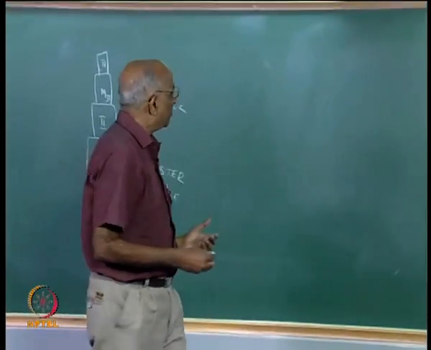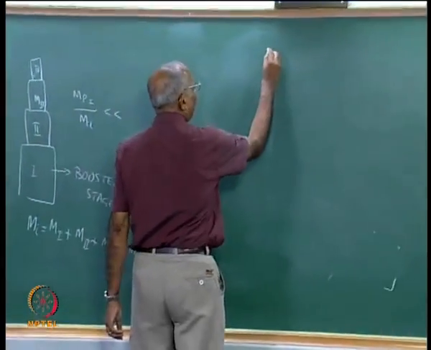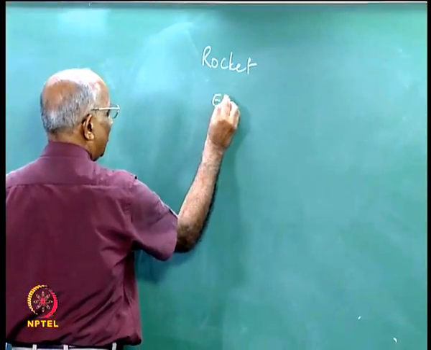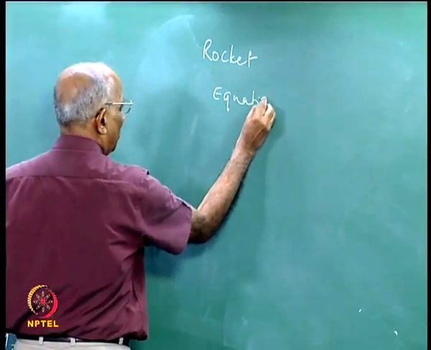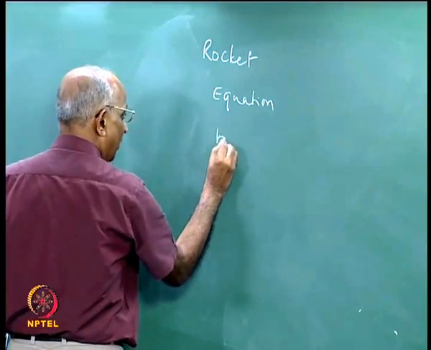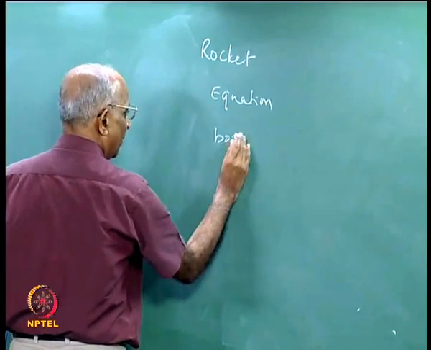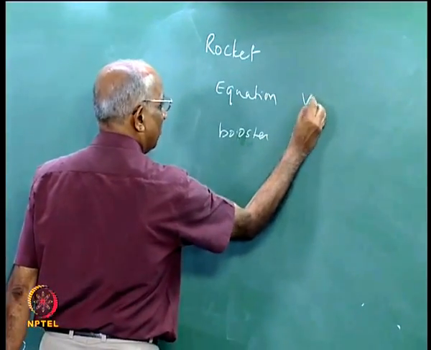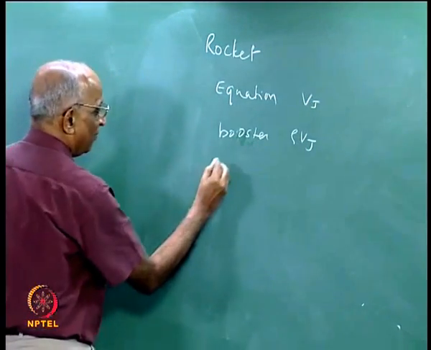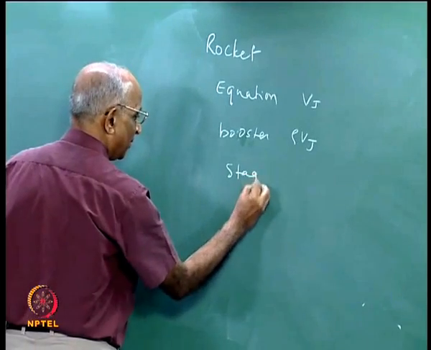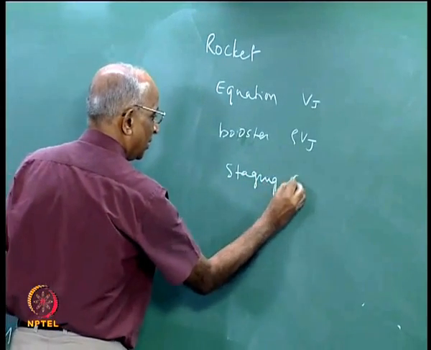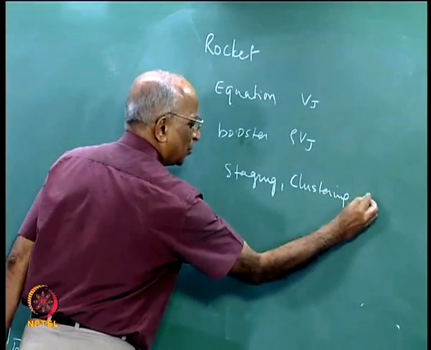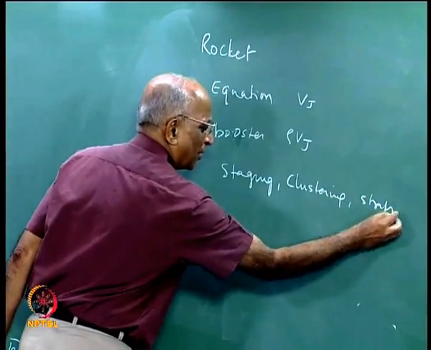Well, I think by now we should be clear about what the principle of a rocket is, what the rocket equation is, what the rocket equation modified for a booster is, in which case rho Vj becomes more important than Vj itself, and then we talked in terms of staging, clustering, and also straps in a rocket.